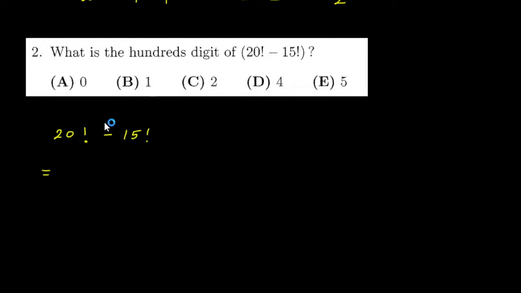So in 20 factorial I have unit, tens, hundreds and thousands places all 0, and in 15 factorial at least unit, tens, and hundreds places are 0. So if I see the difference and look at what is present in the hundreds place, definitely it is 0. So here my answer is 0.